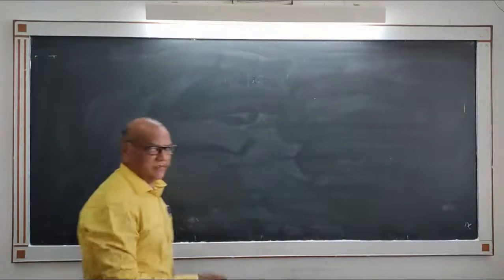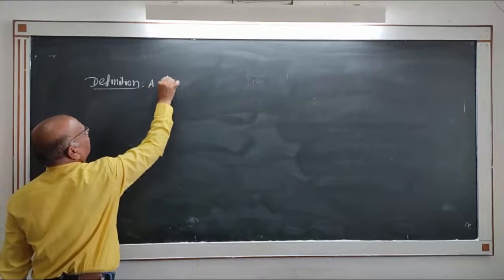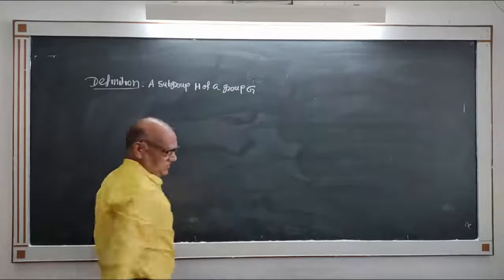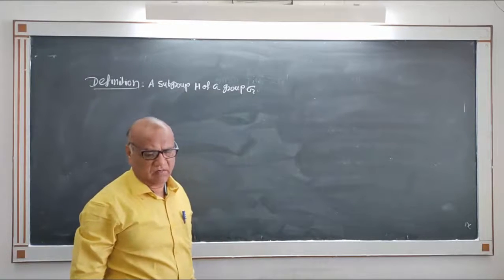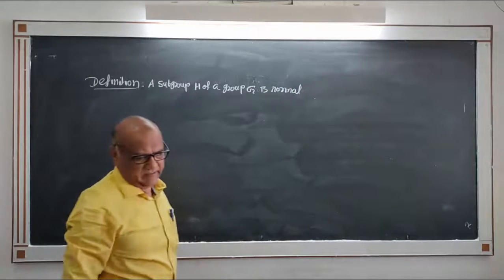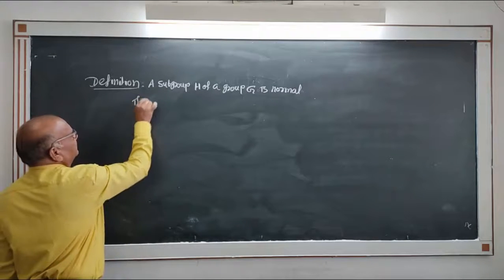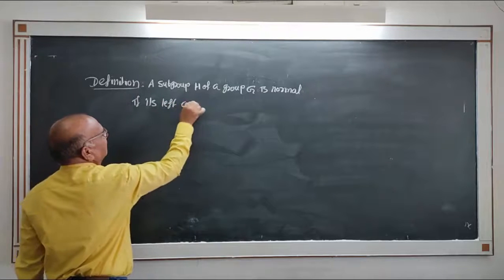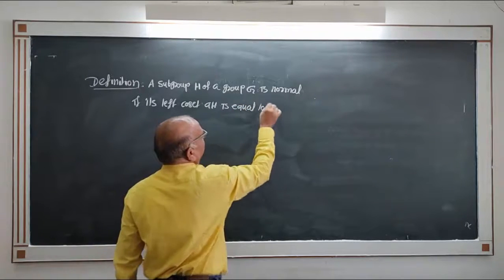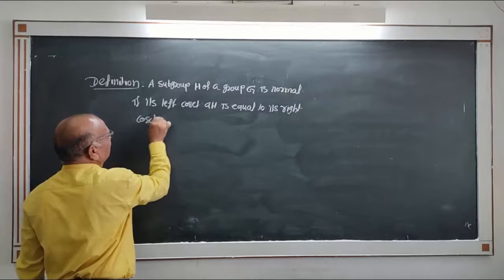Definition. A subgroup H of a group G is normal if its left coset aH is equal to its right coset Ha.